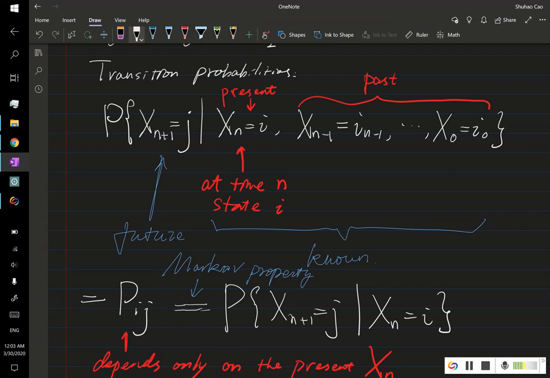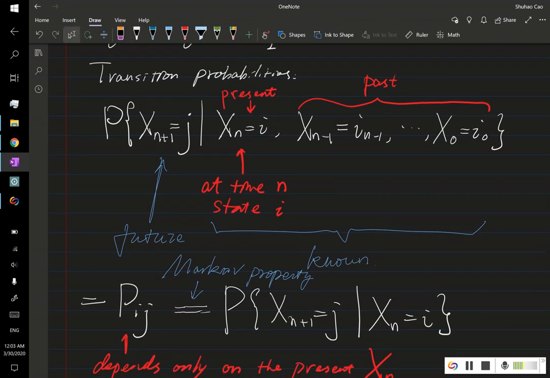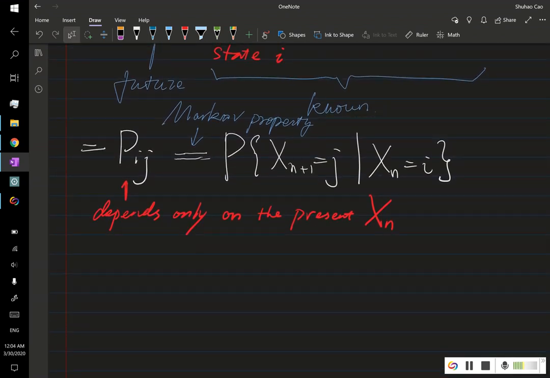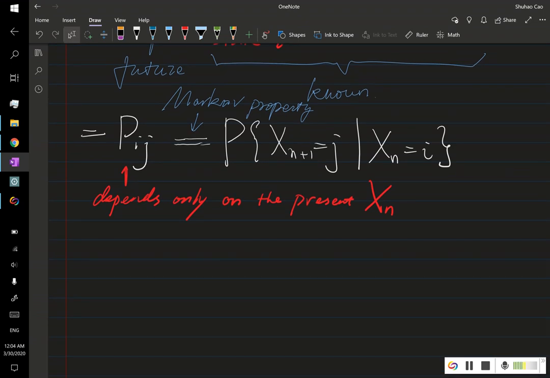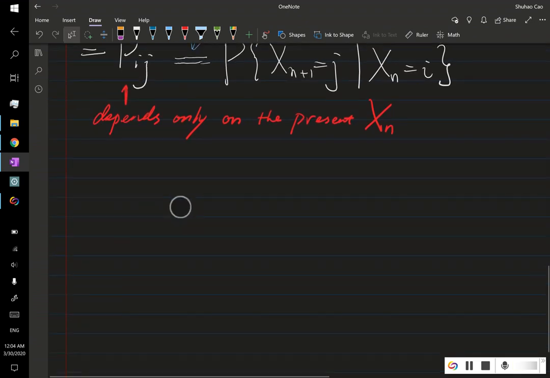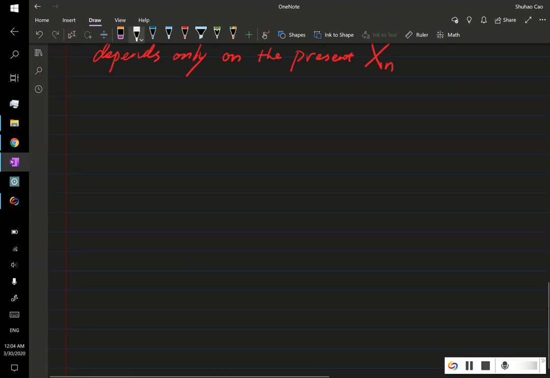So in the previous video we learned that transition probability is essentially, given the present state, the conditional probability that our next state will be at state J. And the Markov property is that the probability of the current state being at I and the next state being at J only depends on I, so it doesn't depend on previous states.